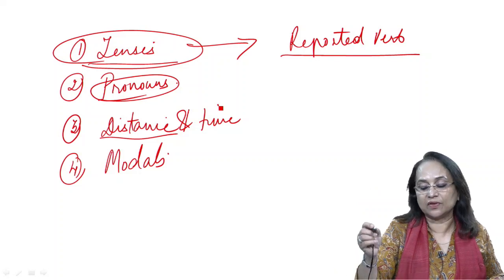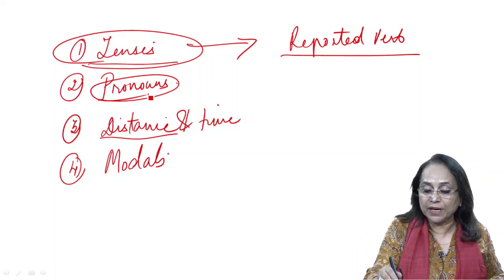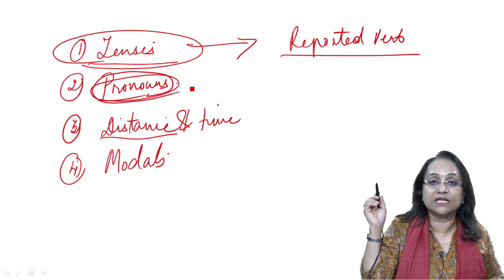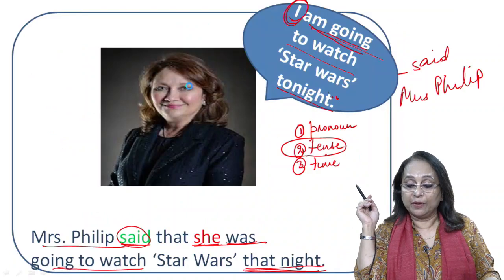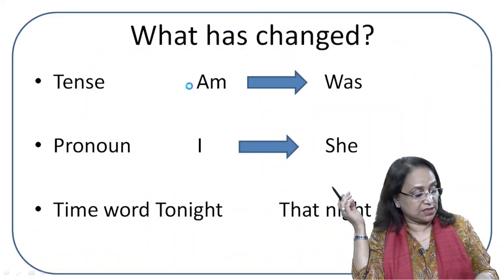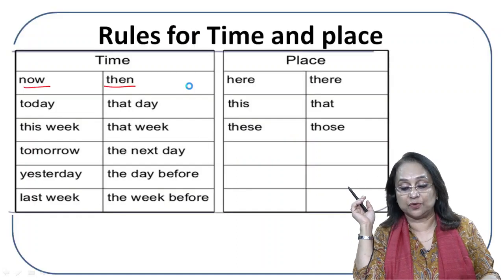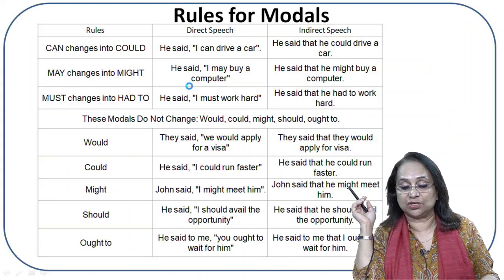So now we have to discuss pronouns. What are the changes that happen in pronouns when direct speech is being reported, or when we are writing a sentence in reported speech? The pronoun changes.